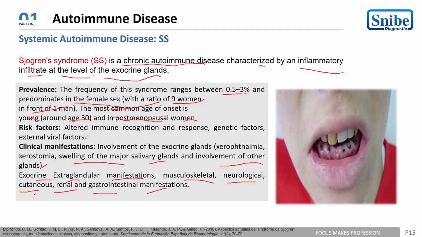As for risk factors, altered immune recognition and responses, genetic factors, viral factors, ultraviolet rays, and carcinogenic preservatives used in food can lead to this systemic autoimmune disease, SS. That's Sjogren's syndrome.